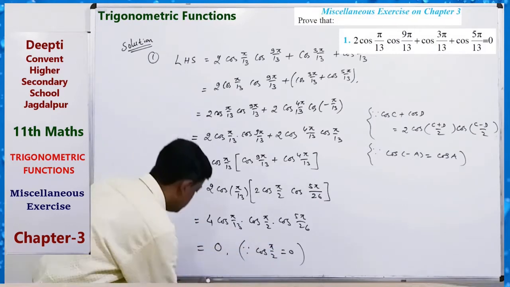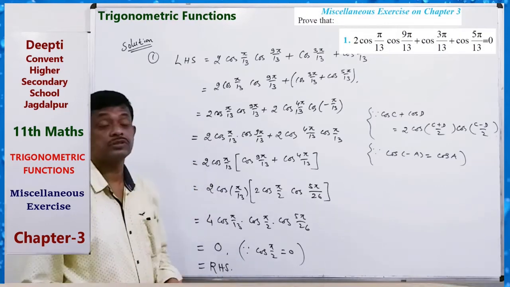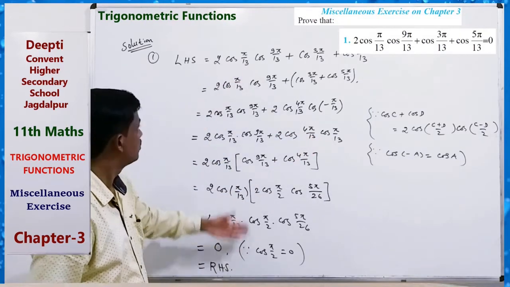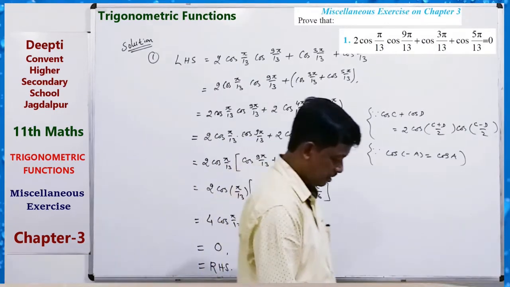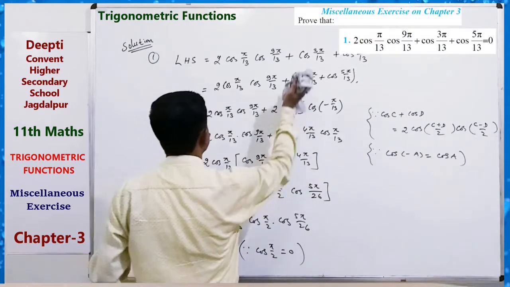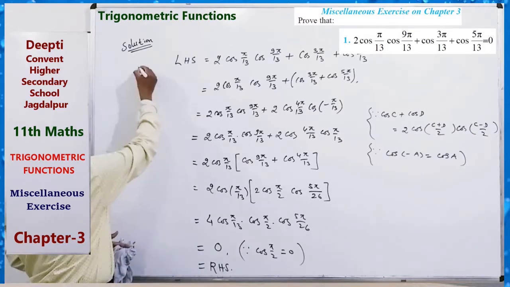So this is 0, equal to the right hand side. So we have to solve by using formulas step by step, so left hand side equals right hand side equals 0. Clear? Now take question second, sin 3x, sin x.